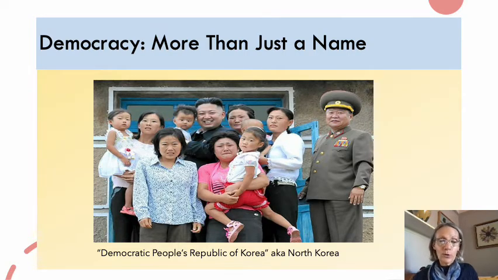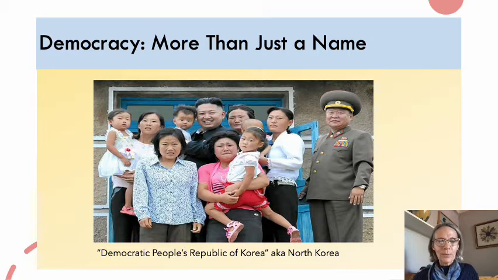And so you see these words republic, which we talked about in the last lecture, and the word democratic, which indicates that it's a democracy. But as we all know, North Korea is far from a democracy. For all practical purposes, it's somewhere between an authoritarian and totalitarian regime, probably bending more towards totalitarian.